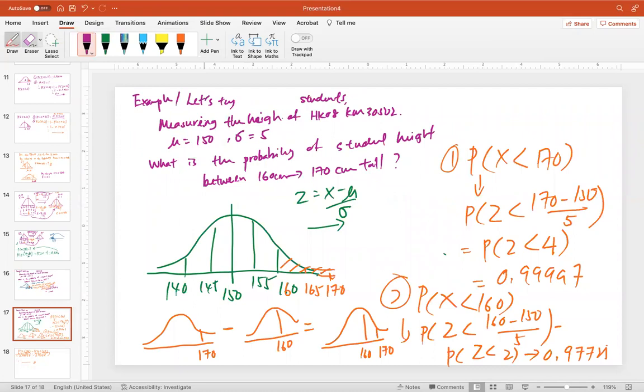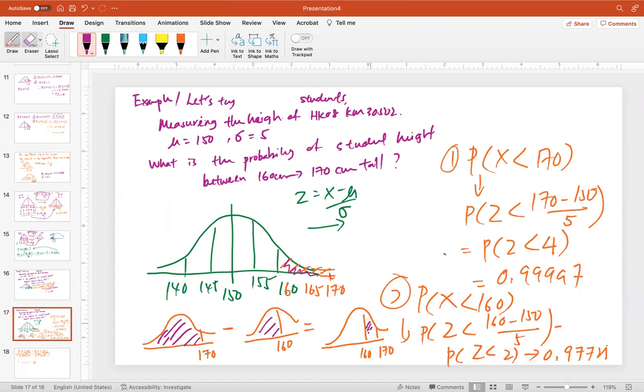Let's try again. Like I mentioned, I measure the height of students with mean 150 and standard deviation 5. What is the probability of 160 to 170? In order to find the orange part, I take the larger shaded area, x smaller than 170, minus the area on the left side, x smaller than 160.